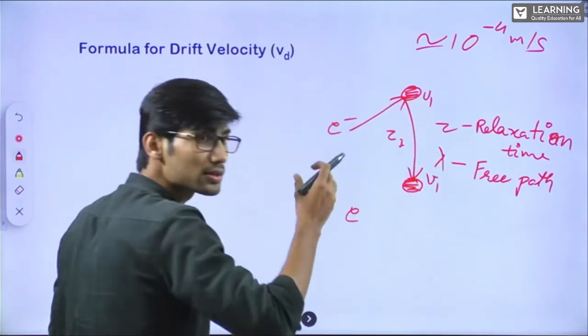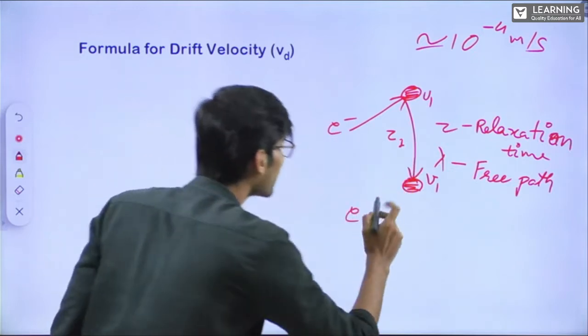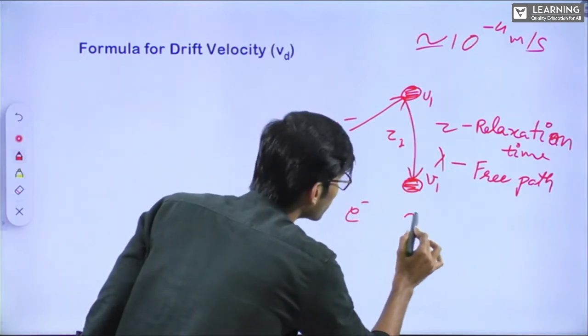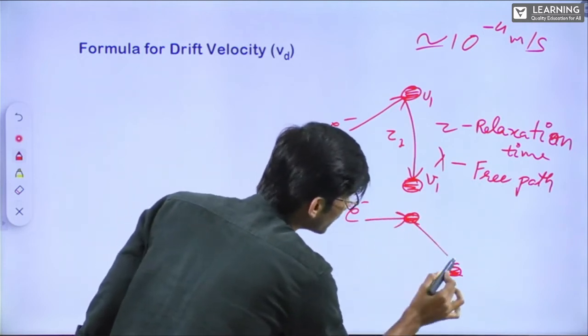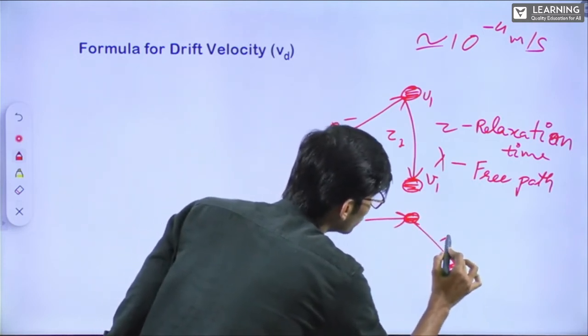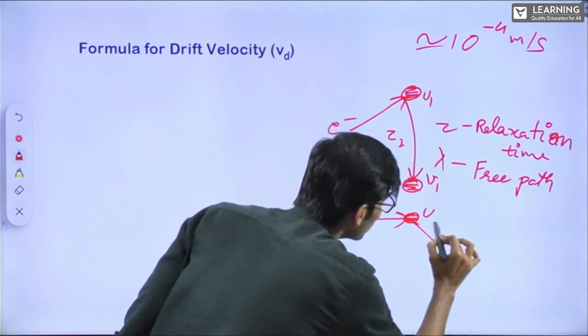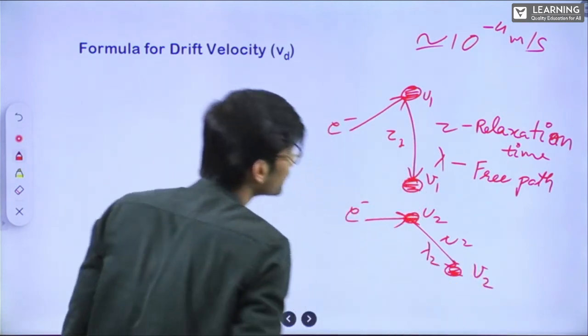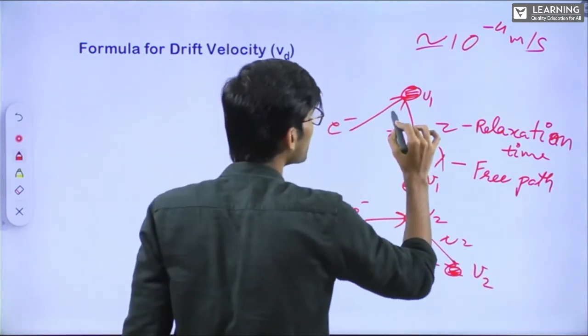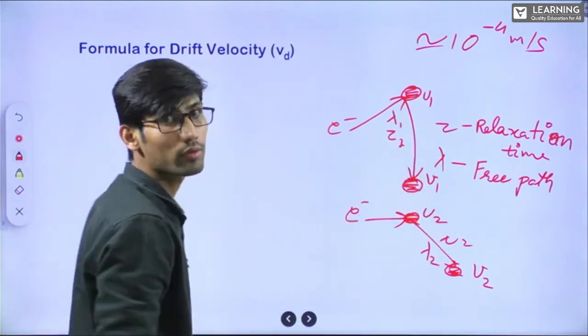Another electron like this. For another electron, it went here, then it went here. Let's say this is tau 2. This is u2. This is v2. Correct? Lambda 2, the distance. Here the distance, let's say lambda 1. Like this, n number of electrons are there.